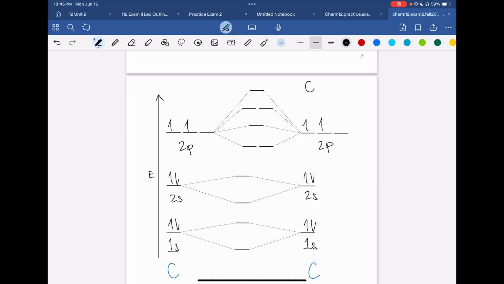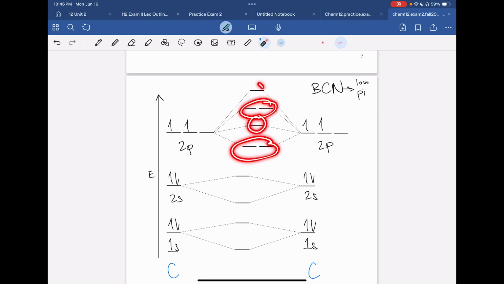Remember, carbon is part of the group where you fill pi first. Just follow my little melody: pi, sigma, sigma, versus sigma, pi, sigma. Create a little song, a little melody. It's kind of fun.